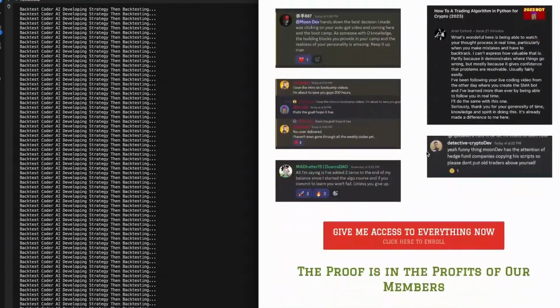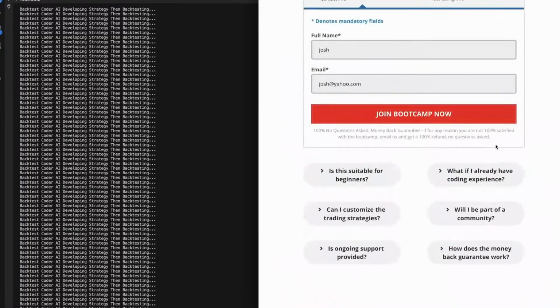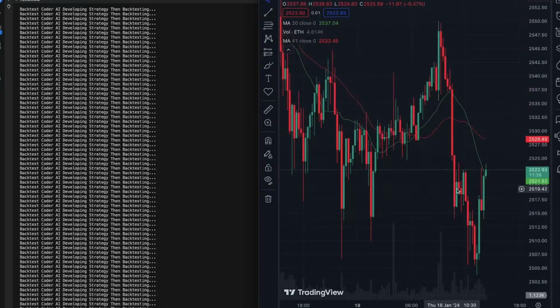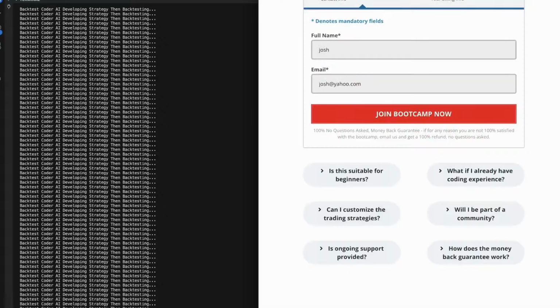After you've done that, click this red button and join, because consider this. You're literally sitting here trading these charts, gambling your life savings. If you spend the tiny investment to join, you're going to learn exactly how to automate your trading. So for the rest of your life, whenever you have a new trading strategy, you are going to be able to automate that strategy.